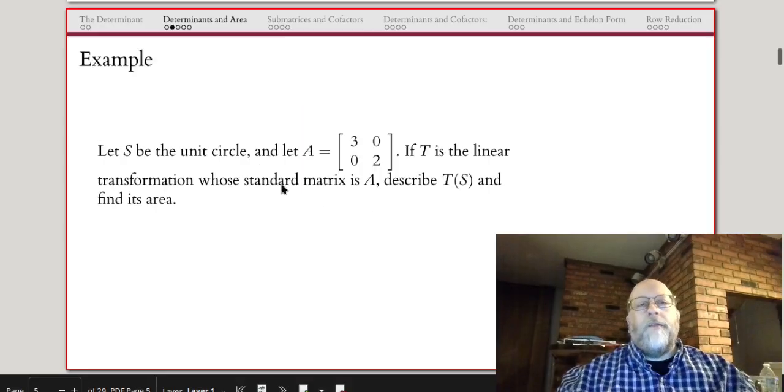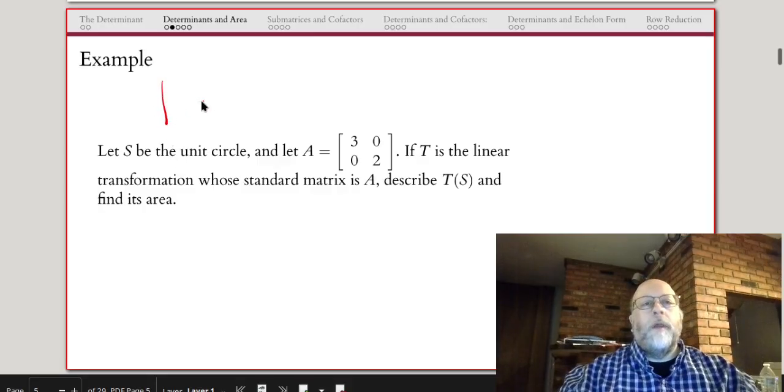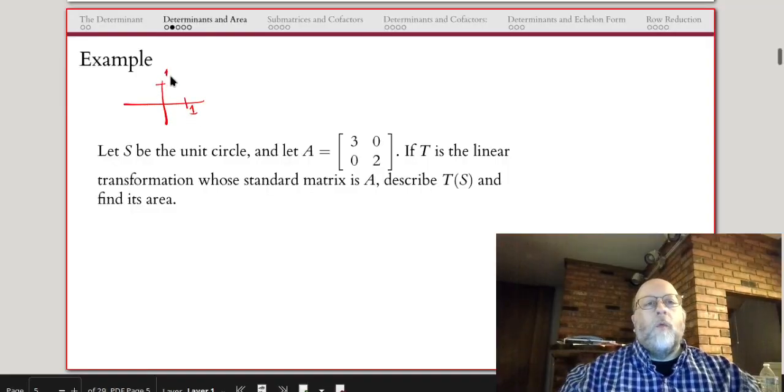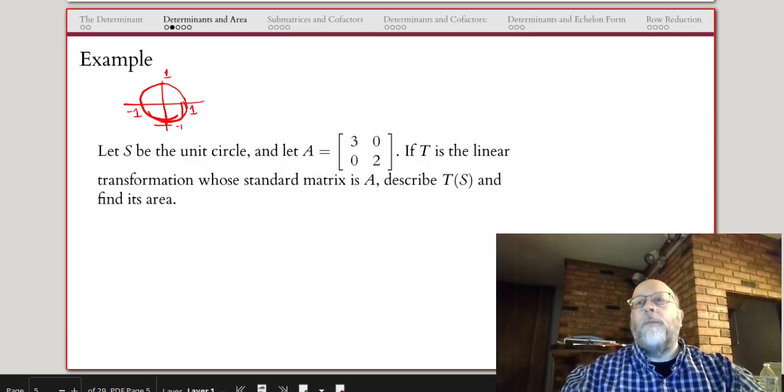So we can look at an example. Let's let S be the unit circle. So this is 1, 1, negative 1, negative 1, and the unit circle goes through all these points. And A is the matrix 3, 0, 0, 2.